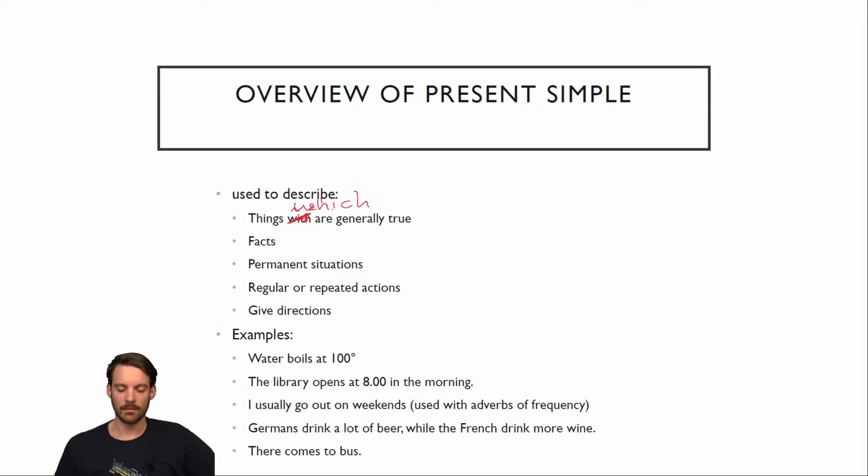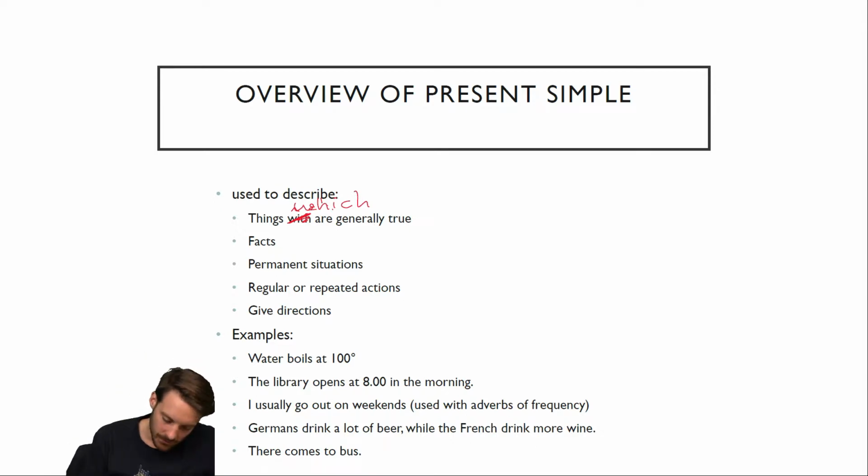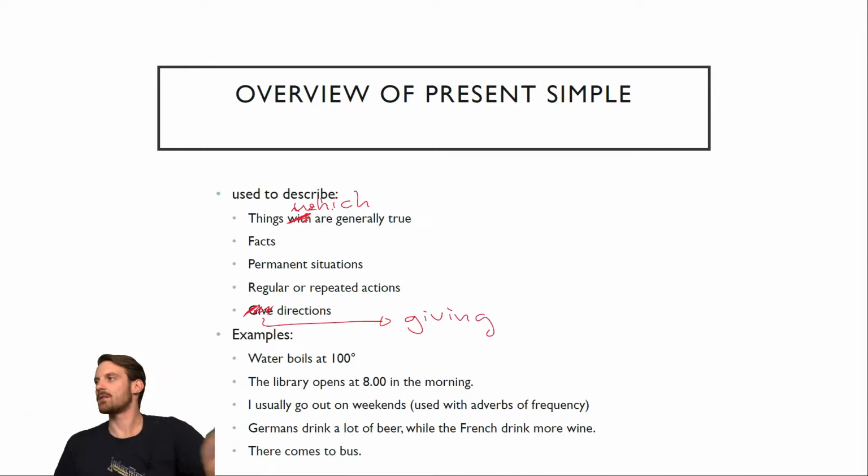So we're gonna look at those things in the example section. Then facts, permanent situations, regular or repeated actions, and giving directions. Basically, it should. Today I'm not that good. It's called giving directions. So, giving directions. So turn at the left, go straight ahead. You all know what giving directions is. So Wegbeschreibung.